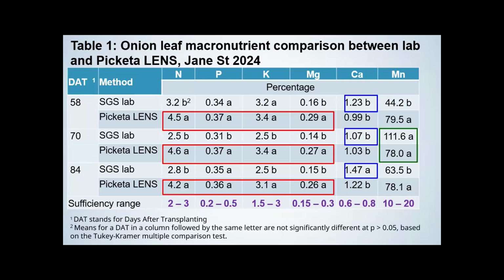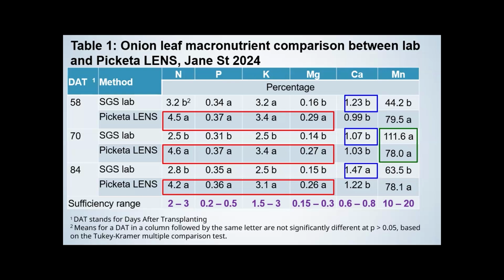However, when we looked at the OMAFRA recommended sufficiency range for onions, we found that both the lab result and the Piquetor were either within or above this sufficiency range.